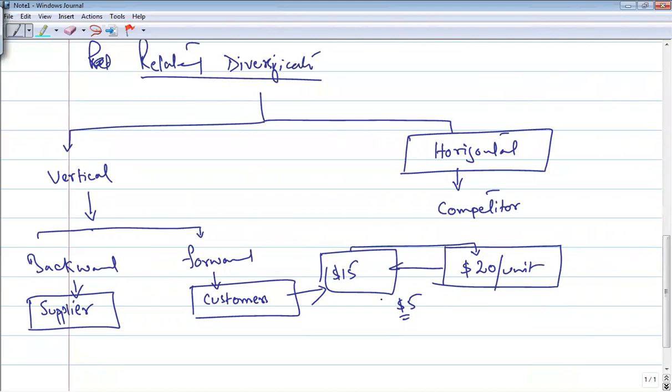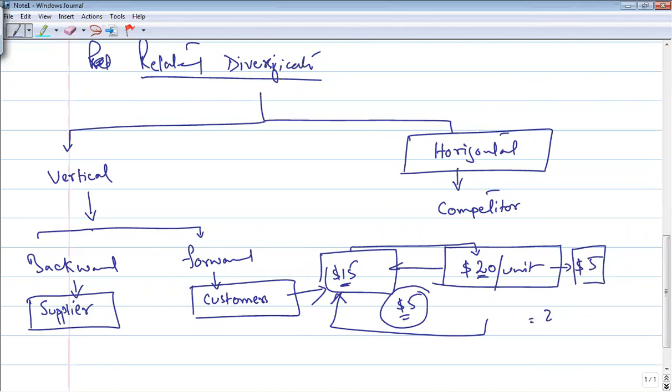If you have this backward integration and you buy your supplier, then it's going to cost you $15, or maybe lower than that if you get those economies of scale. But even if we assume it is going to cost you $15, you will be able to earn this $5 margin from this diversification.